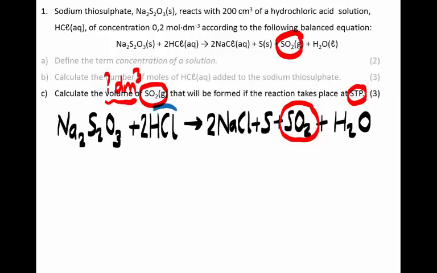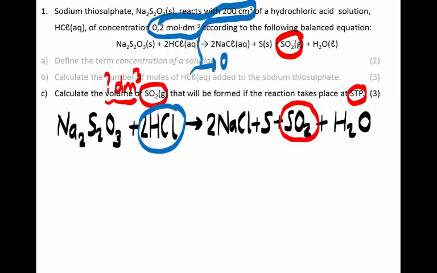And the hydrochloric acid, because we know from our previous reaction, which used these two pieces of information, that we have 0.04 moles of the active ingredient HCl. So we have a given amount, 0.04 moles HCl, and a required amount, how many decimeter cubed sulfur dioxide will be formed from that.